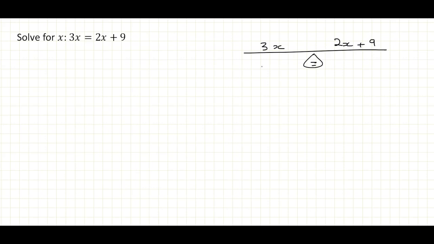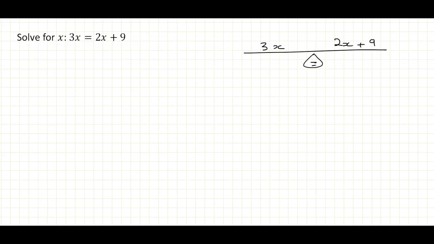We have x on both sides, so I'm going to have to remove x from one of the sides and move it over to the other side. I'm going to pick, because I have a number already on the right-hand side with a variable, and on the left-hand side I have just a variable, I'm going to move the variable off from the right-hand side so I have just a number left.